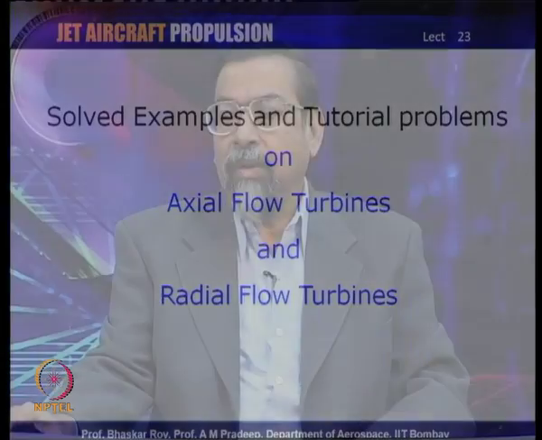So, first we will take on the axial flow turbines and take a look at a problem which represents a typical axial flow turbine problem, and then we will discuss some of the tutorial problems that you could possibly attack for yourselves and get a feel for the numbers.